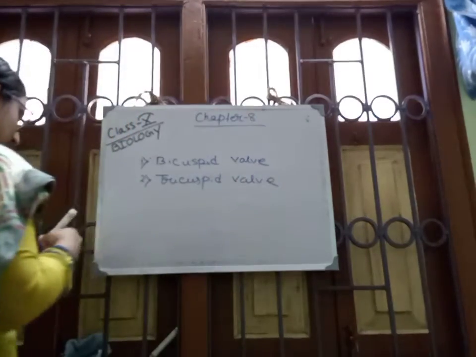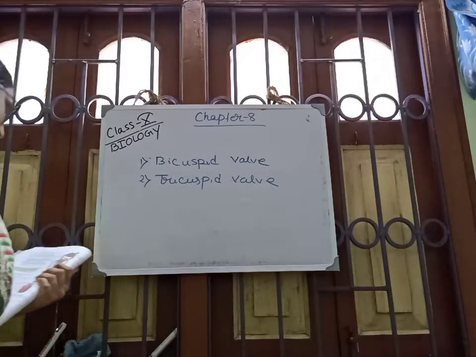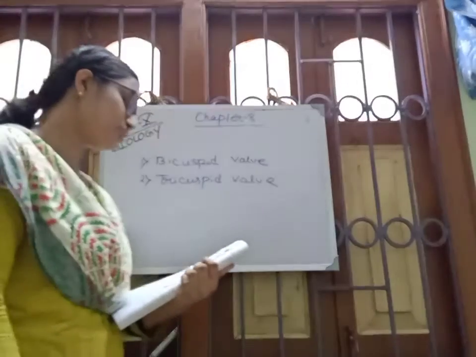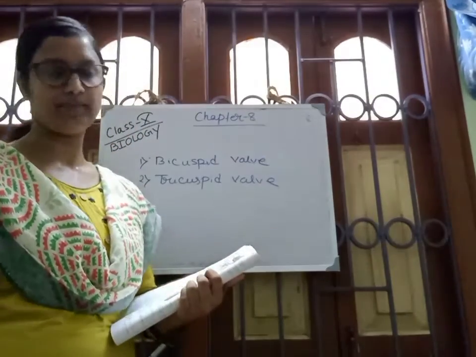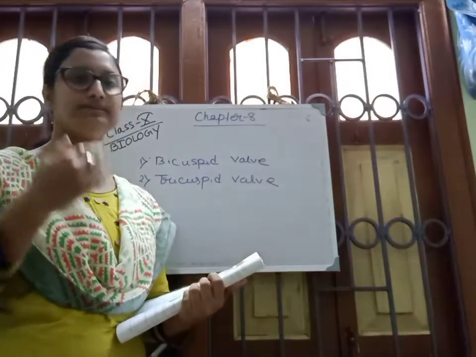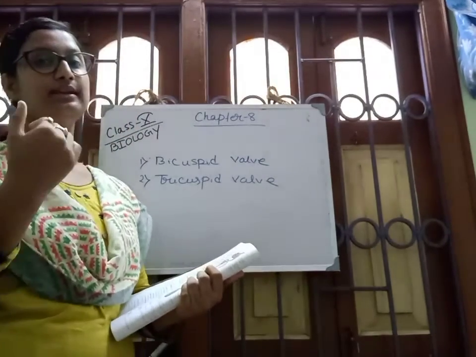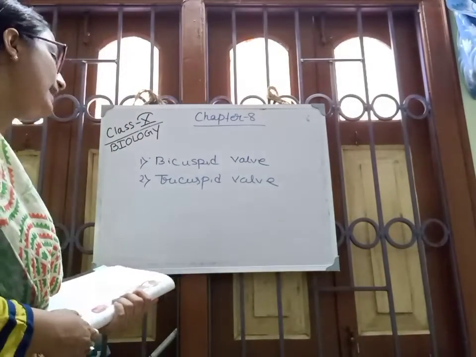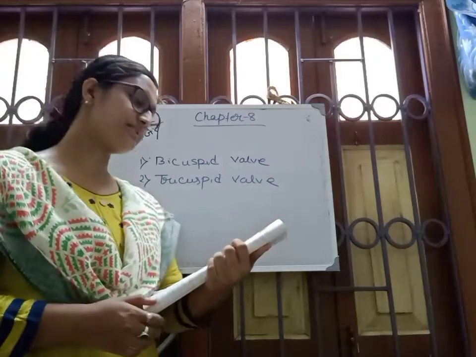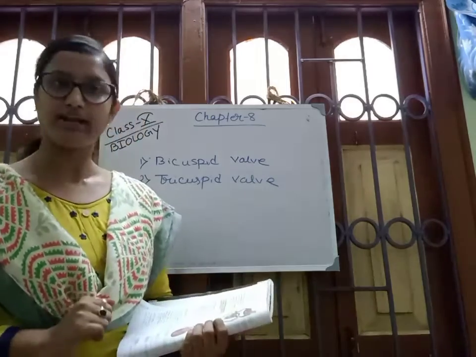Where are they located? The bicuspid valve guards the opening between the left auricle and left ventricle, and is called the left auriculoventricular valve. And the tricuspid valve is the right auriculoventricular valve.